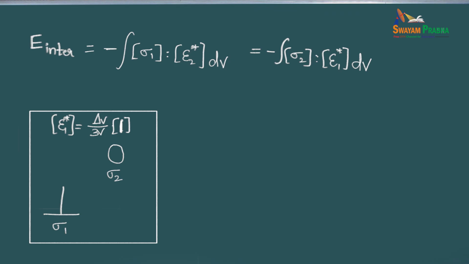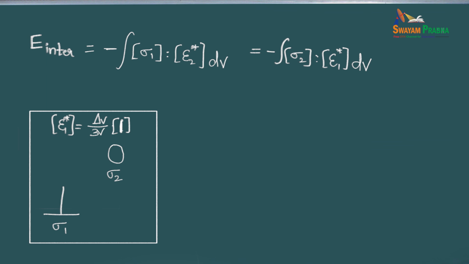So for example, if you assume that this is a simple vacancy with an eigenstrain tensor delta V over 3V times identity, that would be epsilon star 1. One way to compute the interaction energy between the dislocation and this is to use this first expression.